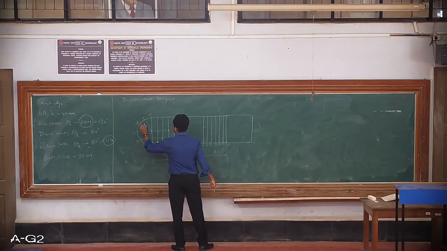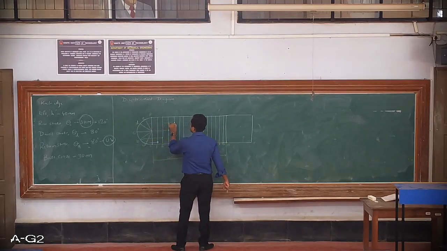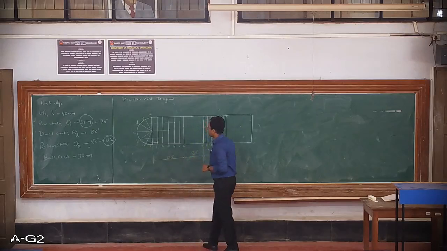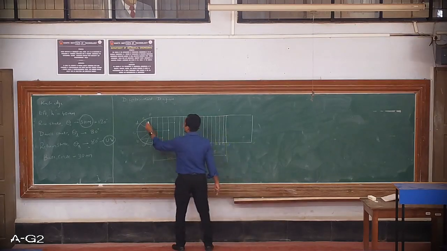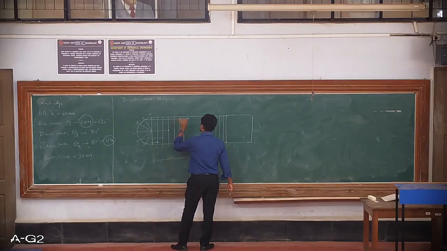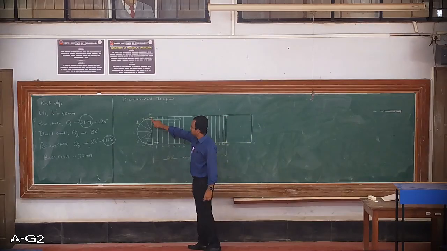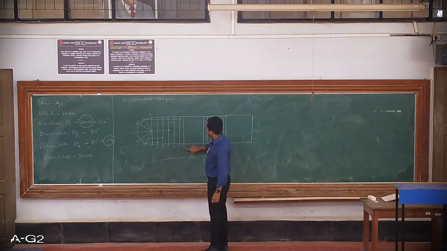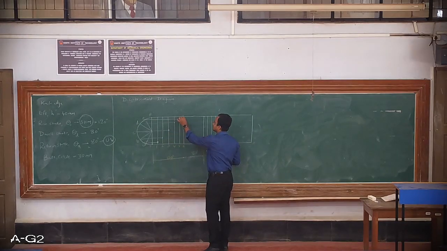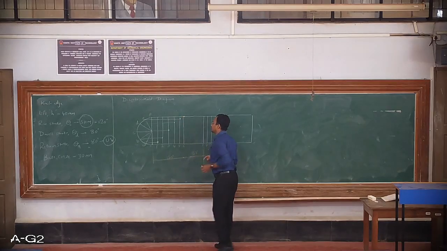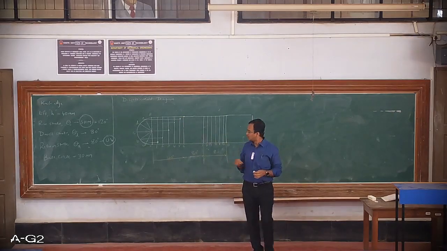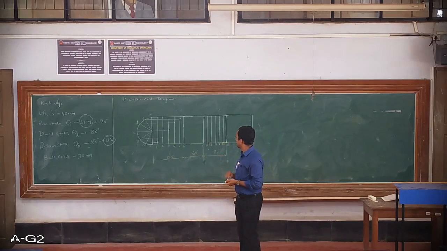Similarly, from D, I'll draw a line until it intersects line number 4, and from E, I'll draw a line until it intersects line number 5, and from F, if you draw until it intersects line number 6, it will come here, intersection. So all these intersections I have highlighted.